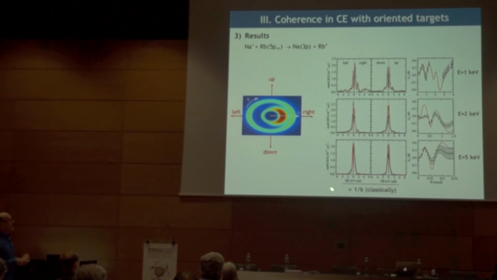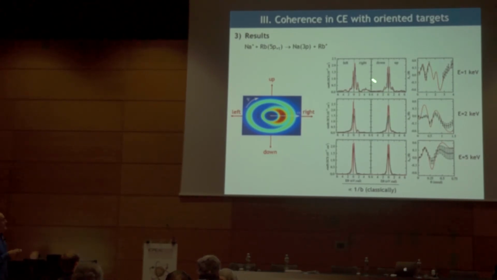I have plotted here the DCS as a function of E theta because according to the classical picture, this is directly proportional to 1 over B, where B is the impact parameter where the transition occurs. So we see that by varying the impact energy, the peaks are more or less at the same position. This indicates that the underlying mechanism is more or less the same.